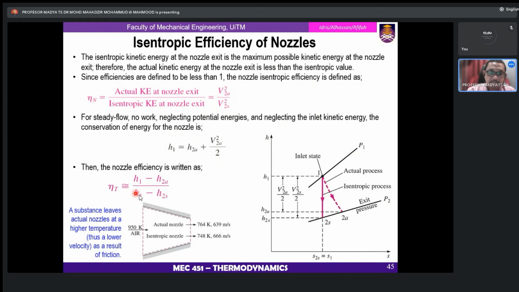So H1 minus H2A actual over H1 minus H2S ideal, or isentropic. You can use this formula to find the isentropic efficiency for nozzles.